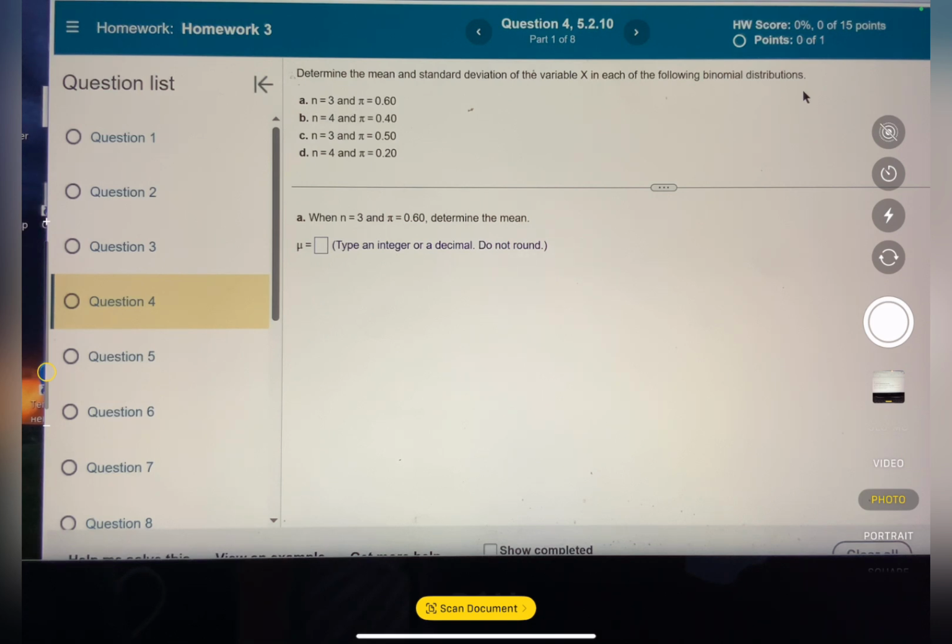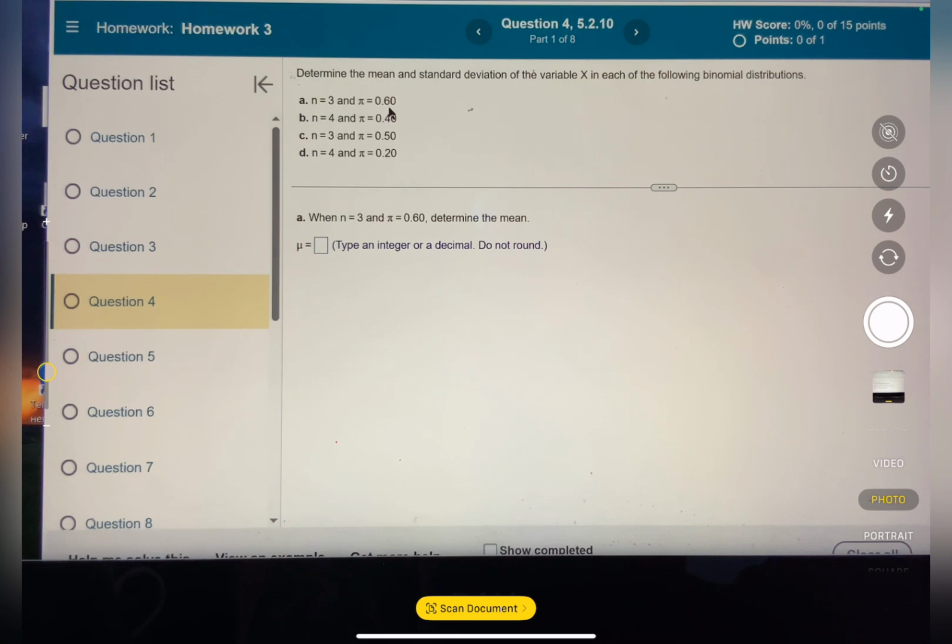Binomial distribution is when we have a total amount of cases, which means here in case A it is 3, in B it is 4, okay? That's the first condition. It's specific, you can't have more than this much. It has to be a specific amount of total cases.